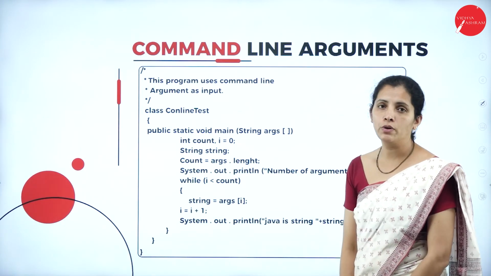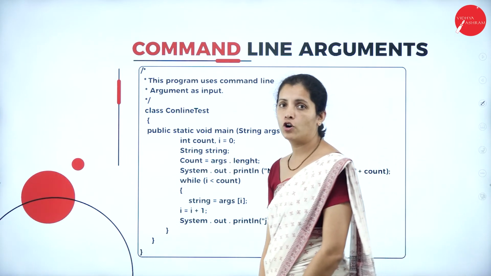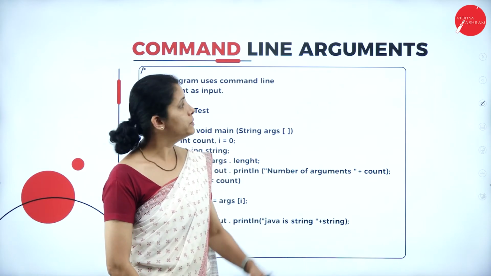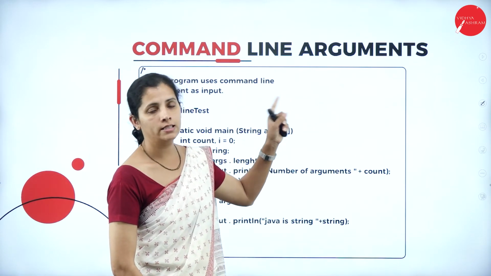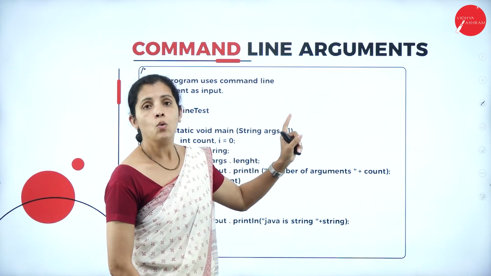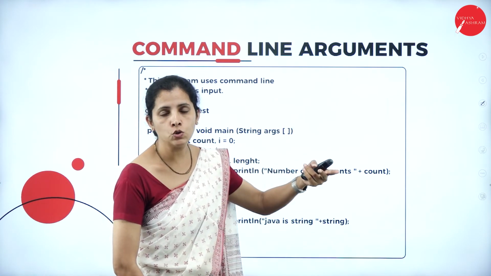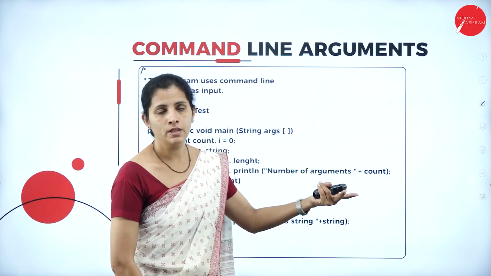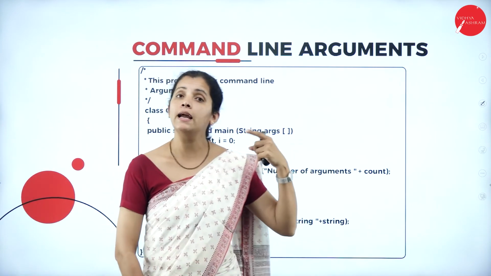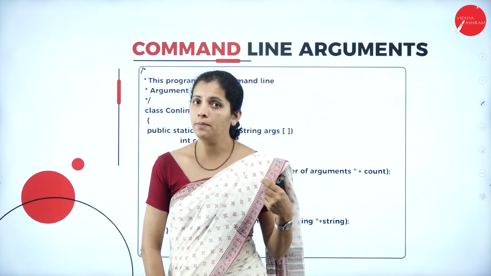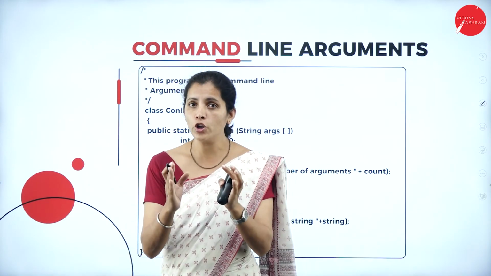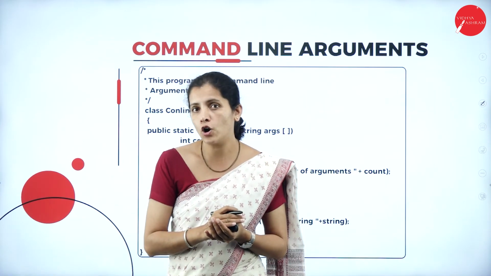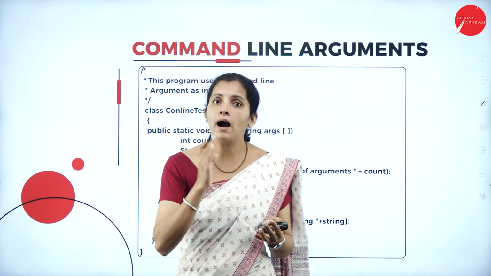Now I'm going to discuss command line arguments. So what is a command line argument? Before that, what is an argument? It is nothing but the parameters that I'm going to pass to my program or my method. And a command line argument is where I pass the arguments through the command prompt.